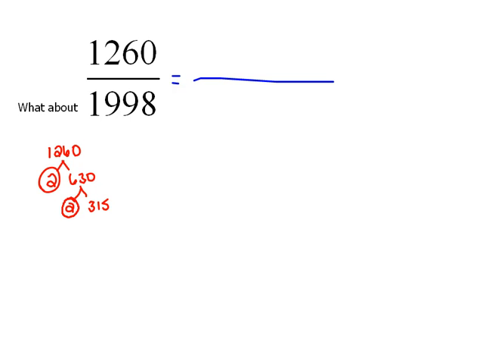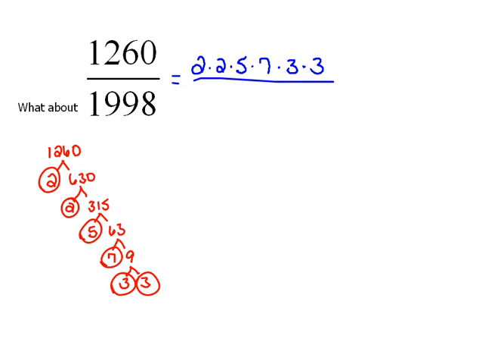Again, 2 is prime, but we can think of two things that multiply together to get 315, because I know 5 will go into it. 5 times 63 will give us 315. Now, 5 is prime, but 63 is not. 63 would be 7 times 9. 7 is prime, but 9 is not. 9 would be 3 times 3. So if I were to rewrite 1260 using only its prime factors, that would be 2 times 2 times 5 times 7 times 3 times 3.